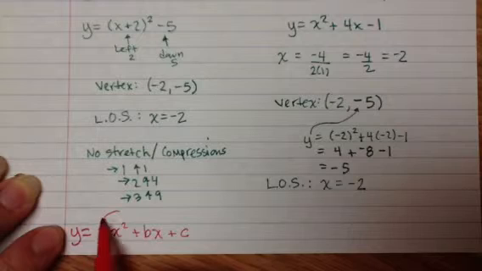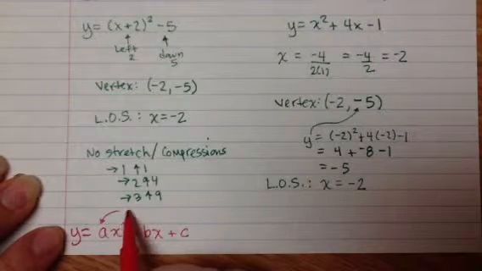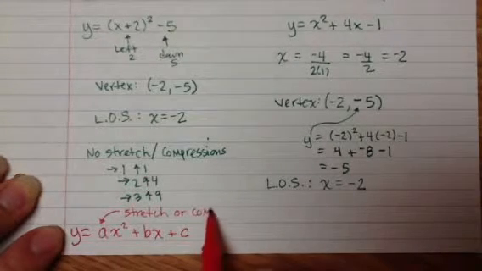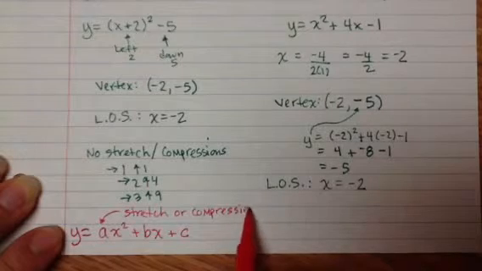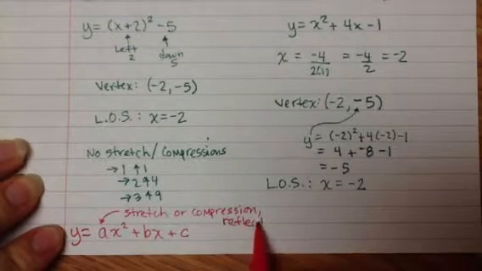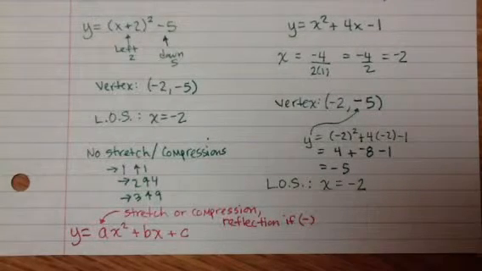That a value tells you if there is a stretch or compression, and it also tells you if it's negative, there will be a reflection. So that's where we can find that a value and what we can use it for. In the next section, we'll be looking more at standard form and how we can graph using it.